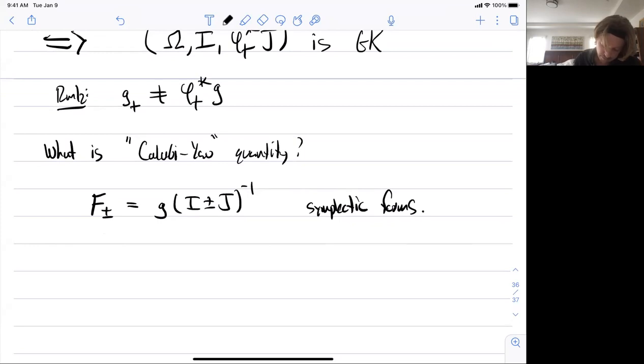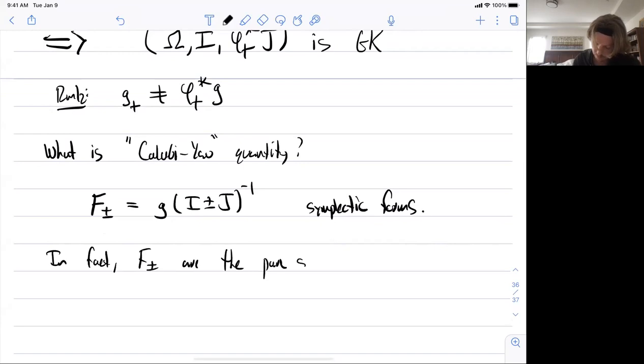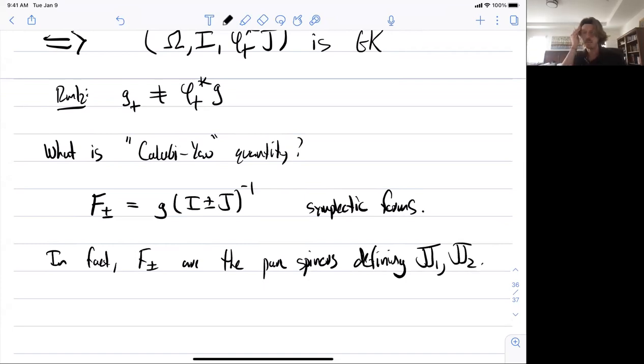And in fact, these F plus minus are the pure spinors defining the two generalized complex structures defining the generalized Kähler structure in this fashion, at least up to a B field equivalence.